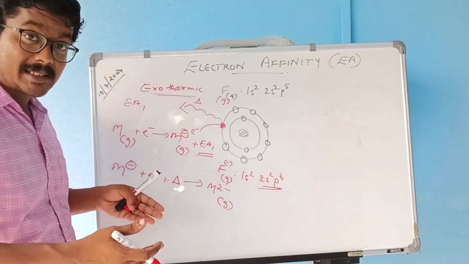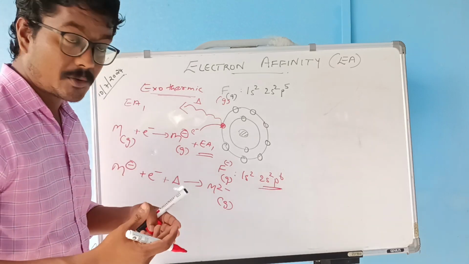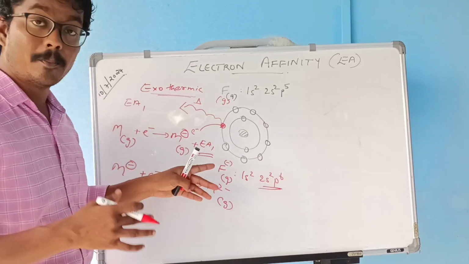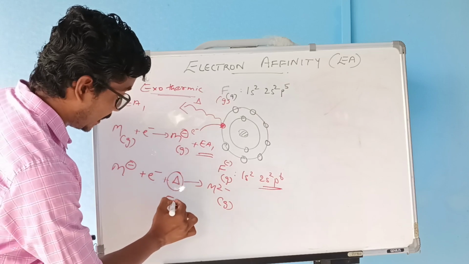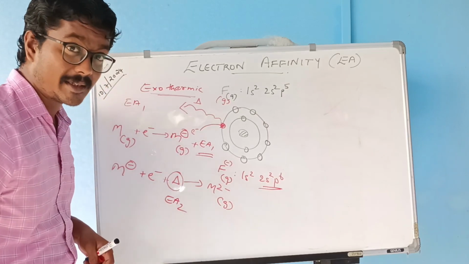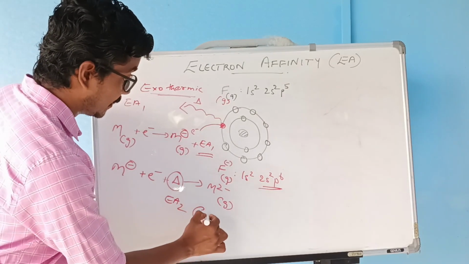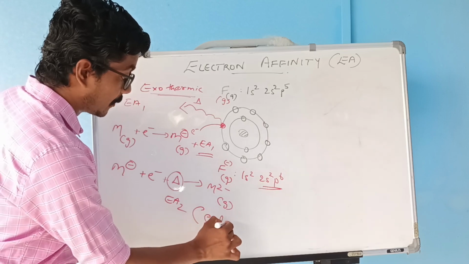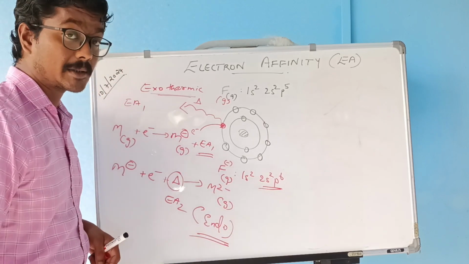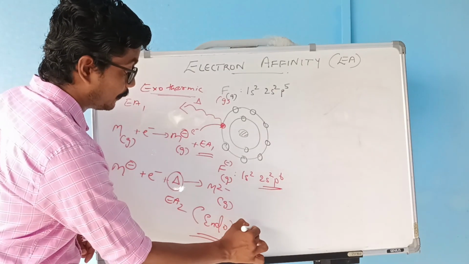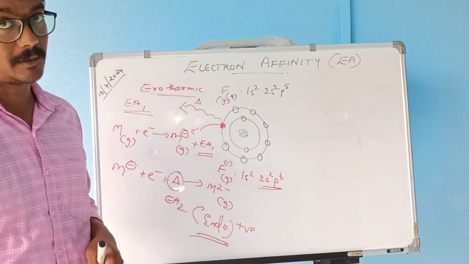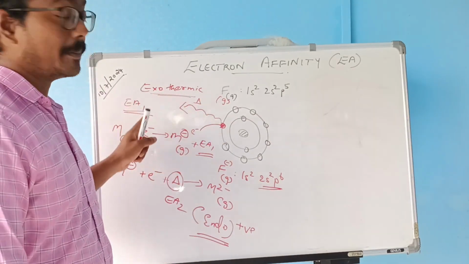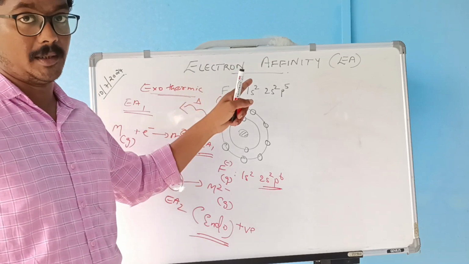The amount of energy we have to supply to M minus to form M2 minus is called EA2, the second electron affinity. So we can say that the second electron affinity is always endothermic, or positive, while the first electron affinity is always exothermic, negative. This is one of the important concepts of electron affinity.